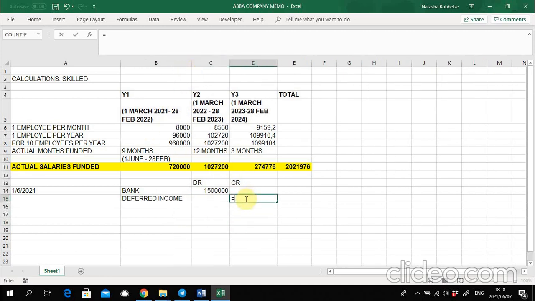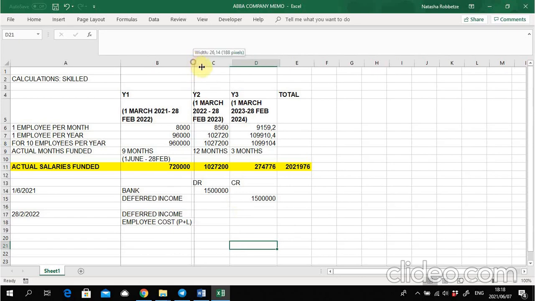And it's 1.5 million. Now by year end, which is 28 February 2022, I need to go and calculate how much of this deferred income will now be written off against my employee cost or my employee remuneration expense. So I'm going to say I debit the deferred income and I write off against the employee, you can call it employee salaries, employee cost, employee remuneration, but this is a profit and loss account.